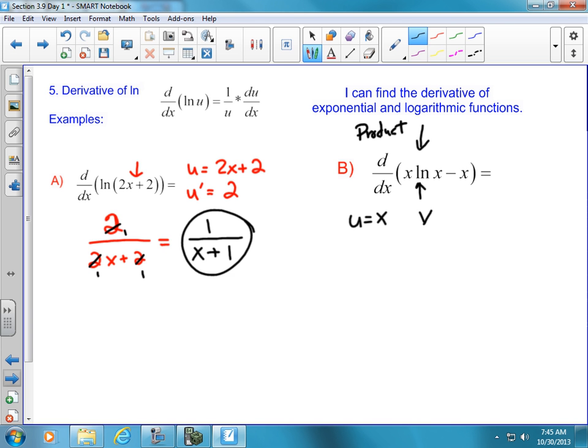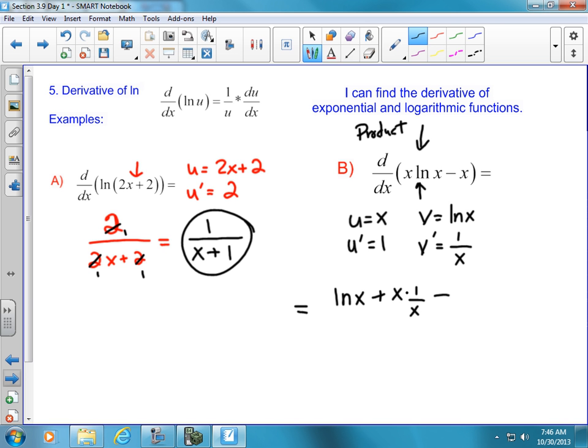Whenever you see a function times a function, the second function, v, is ln of x. The derivative of v is 1 over x, and the derivative of u is 1. So we take the product rule: v times u prime, which is just ln of x, plus x times 1 over x, which is just a 1.